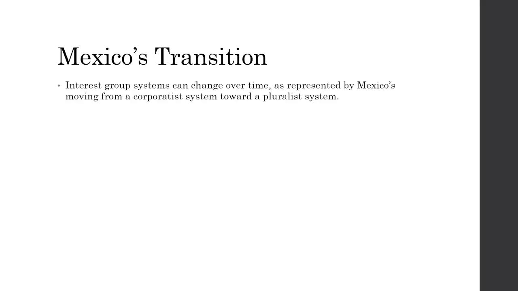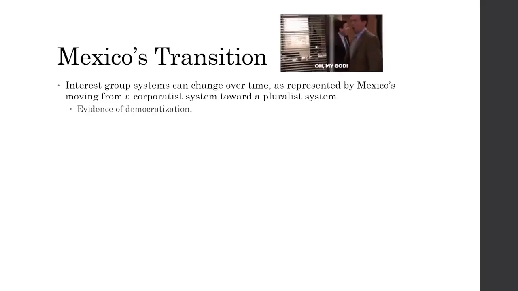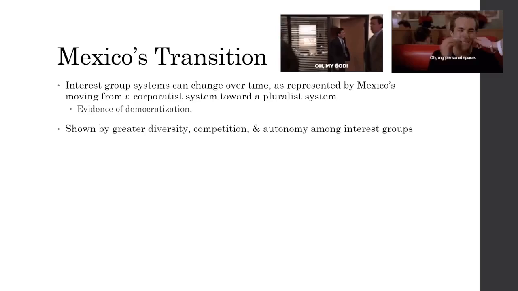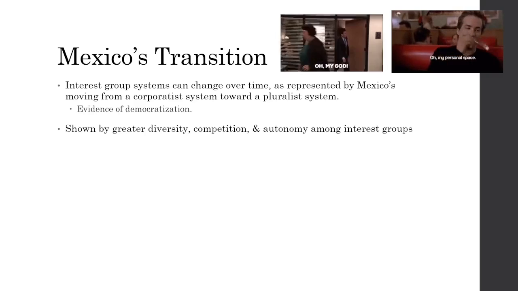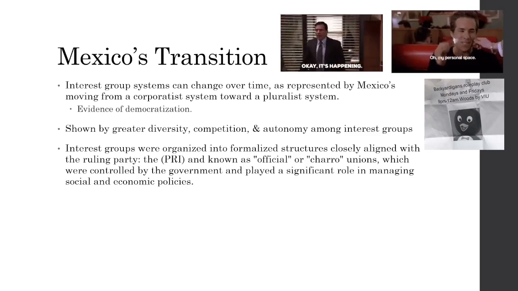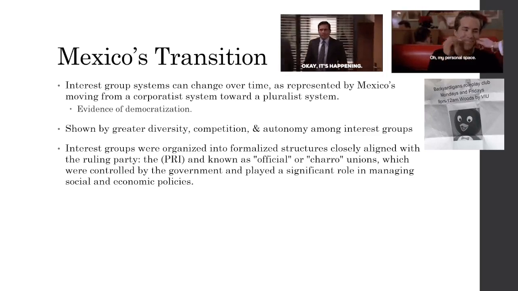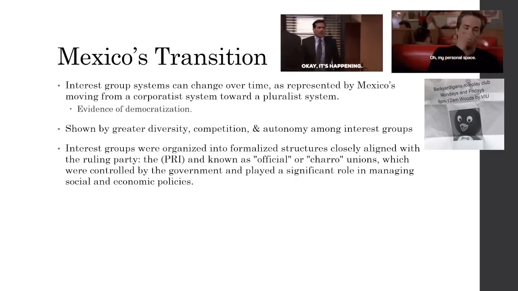Interest group systems can change over time, and this is represented by Mexico's transition from a corporatist system to a pluralist system. This is obviously evidence of democratization, evidenced by their greater diversity, competition, and autonomy among interest groups. Interest groups used to be organized into formalized structures closely aligned to the PRI ruling party.